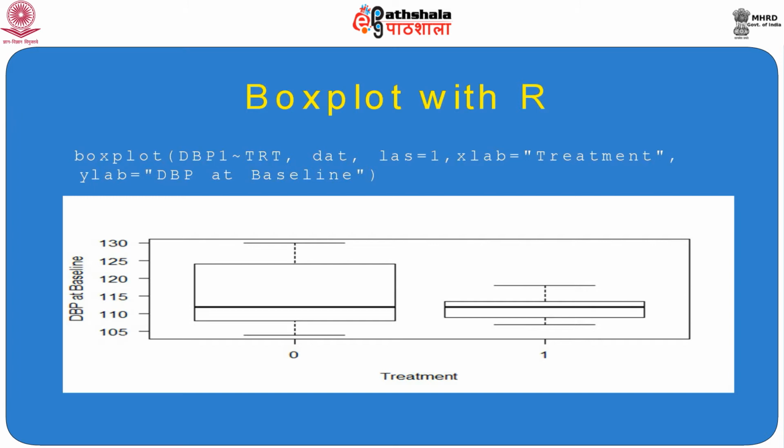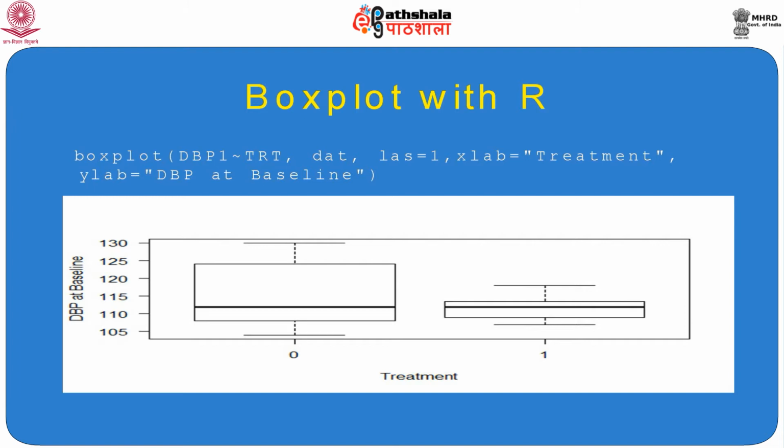So from this box plot we can make a graphical interpretation of the data. Here we can interpret that baseline DBP, that is diastolic blood pressure, has no significant difference between these two treated arms. Now the same plot, the same function, can be used for DBP2 and DBP3 as well.